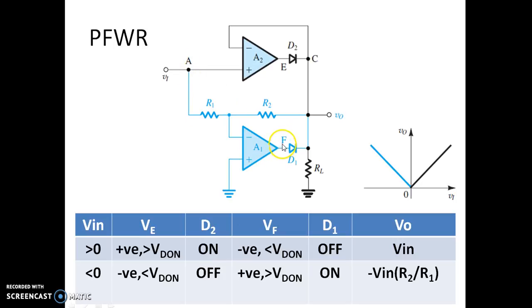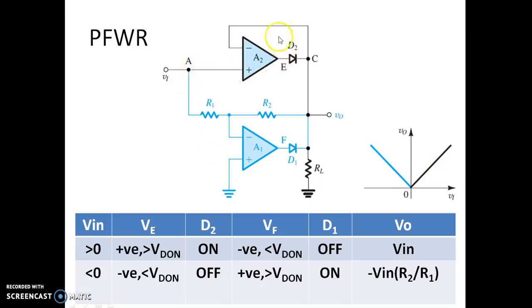This is negative here, so we're going to have VF as a negative voltage, which is less than VD on. So D1 is off. D2 will be on and D1 will be off when the input voltage is greater than 0, that is during the positive half cycle. We get the output voltage because of this voltage follower during the positive half cycle, so we get the waveform which exactly follows the input.